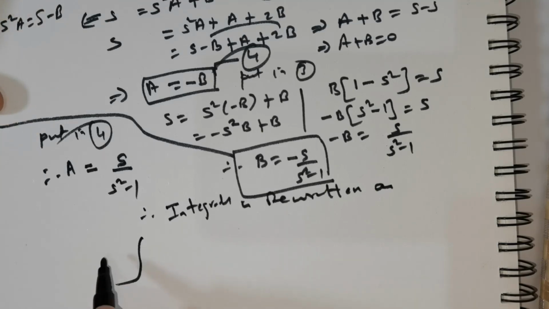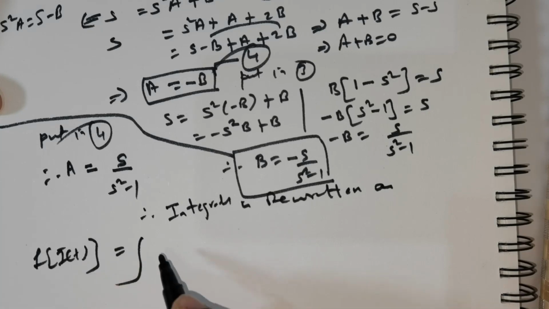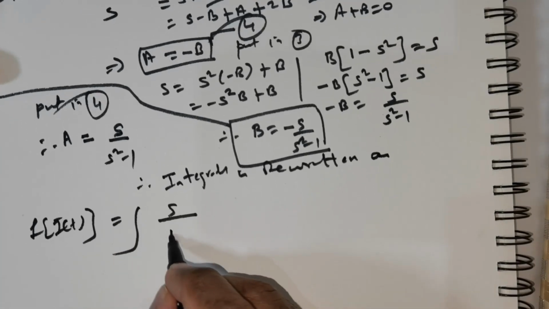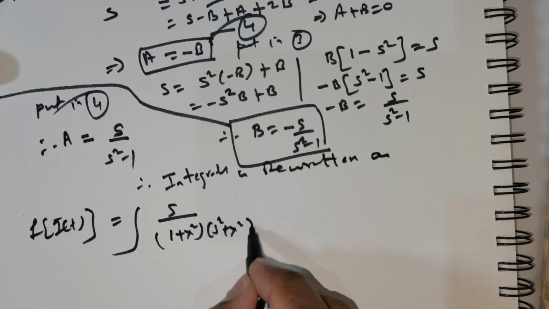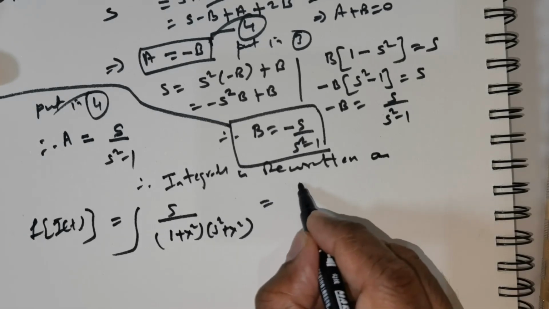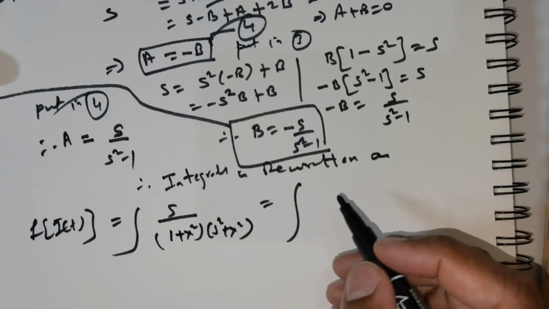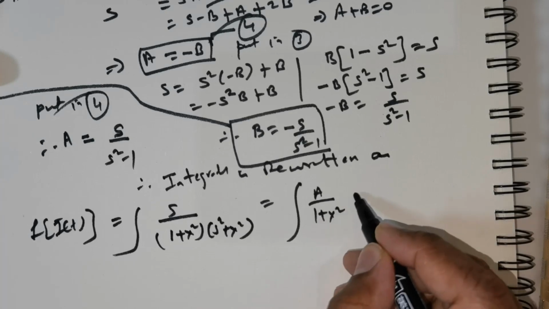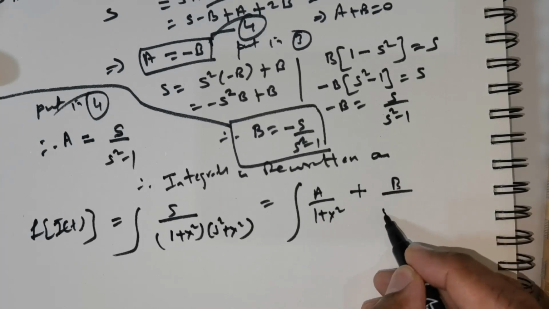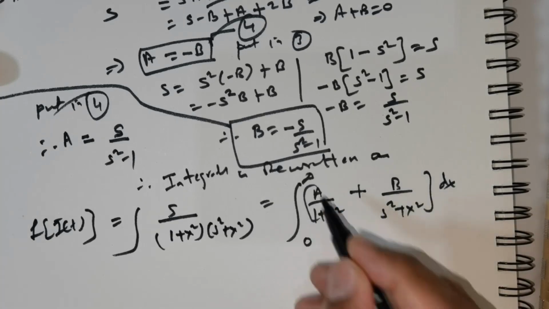This is what we have got. This is equal to Laplace transform of I(t), which is the integral of s over (1 + x²)(s² + x²). This has been rewritten as A over (1 + x²) + B over (s² + x²) dx. Of course the limits are 0 to infinity.